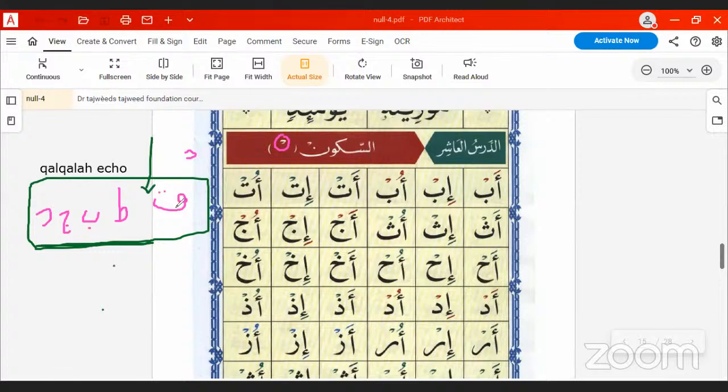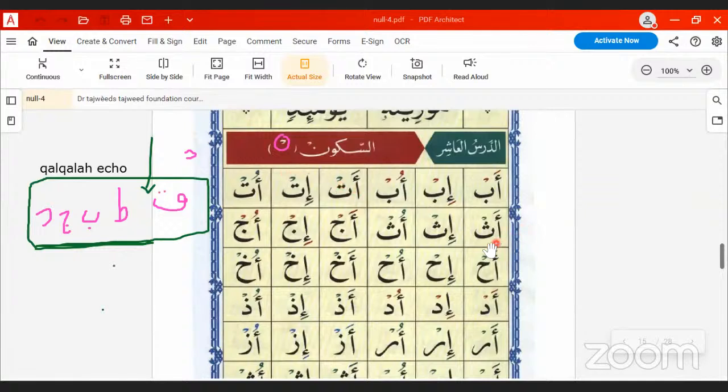No. Only qaf, twa, ba, jim, dal are there. So the ta is not a kalkala letter. Don't do echo sound. That is a wrong pronunciation. How to pronounce the ta? We have to give a whispering quality. At, it, ut. I hope it's clear.